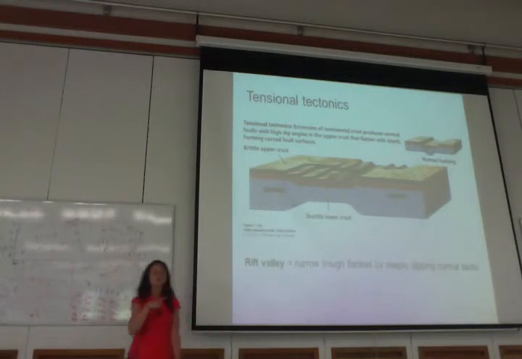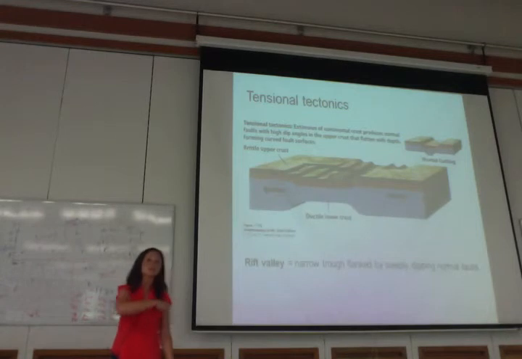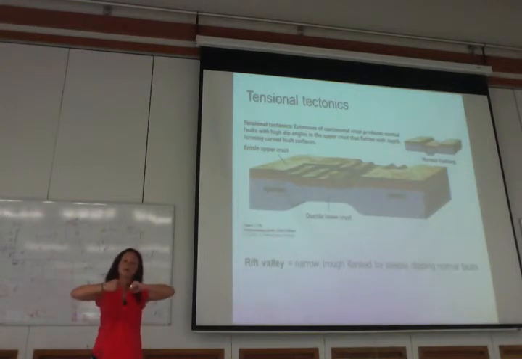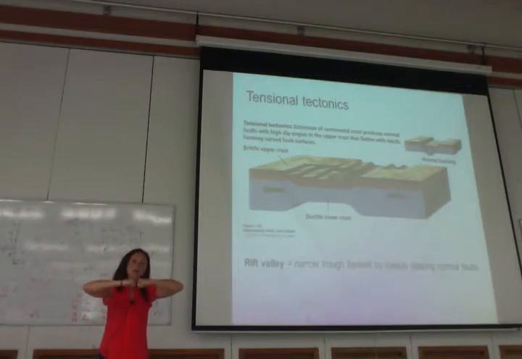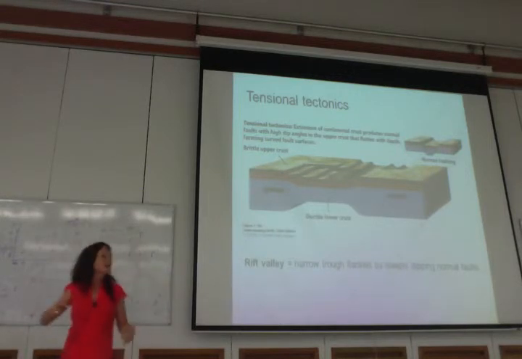So normal faults are the faults that are formed by tension. So you pull a rock apart, if it deforms by brittle deformation, a crack will form, and one side of that crack will move relative to the other. And in a normal fault, the hanging wall side will always move down in relation to the footwall side. So remember your diagrams from the last lecture.